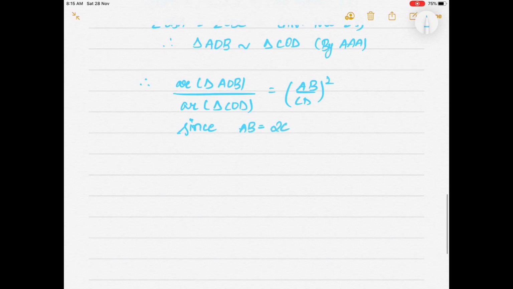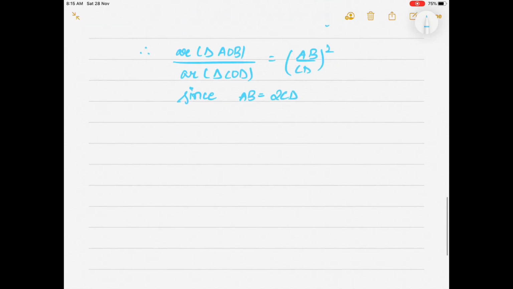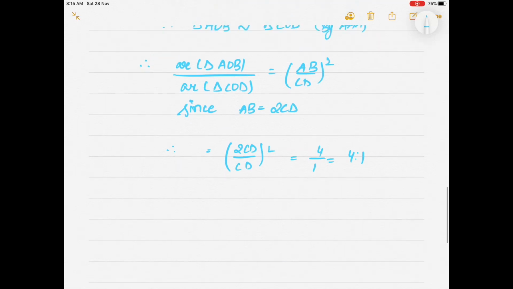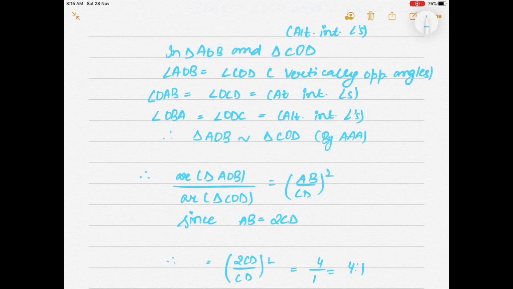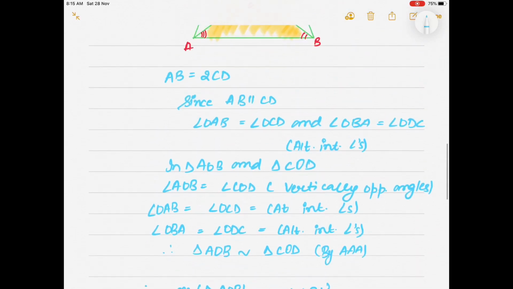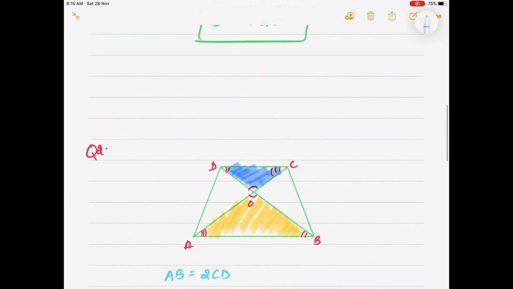Since it is given that AB is equal to 2CD, we can replace AB by 2CD. Therefore the ratio of the areas will be (2CD by CD) whole square, and the ratio of the areas will be 4:1. So by this method you can solve all your questions, and you have to mention all the properties by which you are solving your question in order to get full marks.